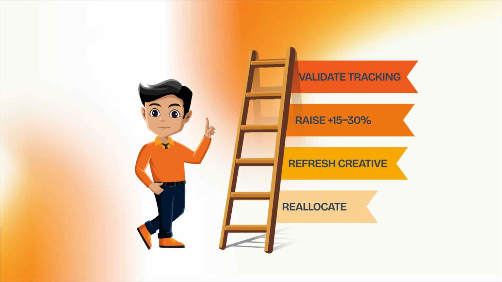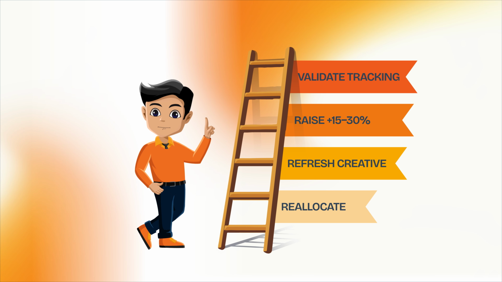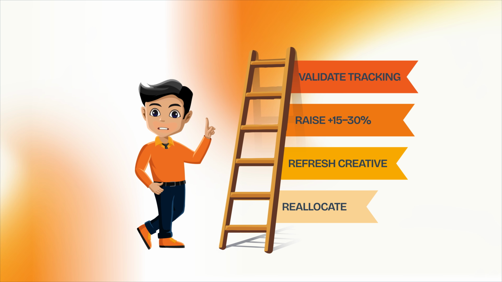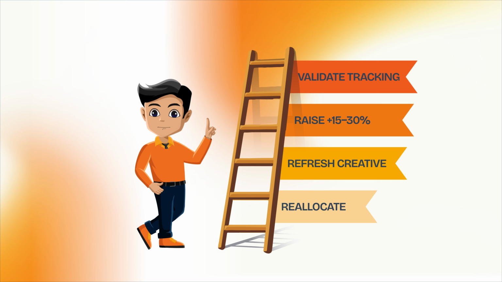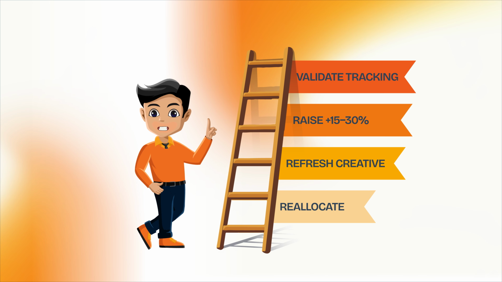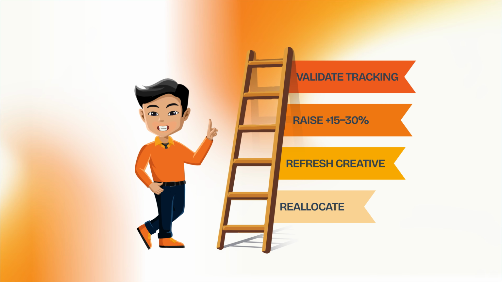Kill losers. Weeks 5 to 8: maintain winners, refresh creatives, reallocate 20 to 40% away from underperformers. Weeks 9 to 12: if CAC is less than or equal to target and payback holds, scale primary another 20 to 30%. Keep experiments capped at 10%.